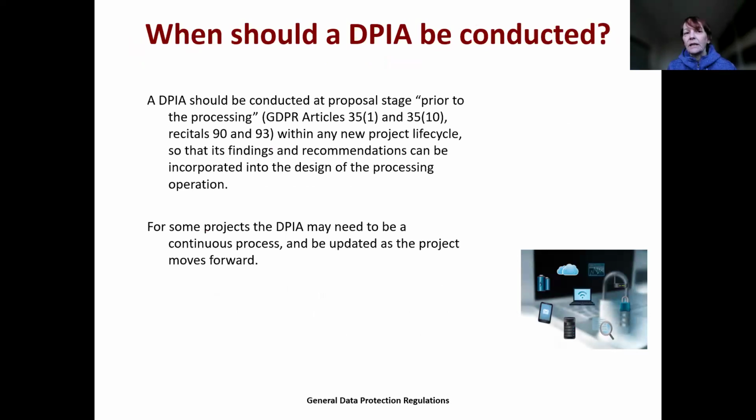Again, as Sean said earlier, a DPIA should be conducted at proposal stage, at the very earliest part of the processing. And that's not just in relation to research, that's in relation to anything. There is a bit of a misconception and sometimes confusion when you're looking at purchasing technologies, for example, that it's the vendor you're assessing, so it tends to be late in the day.